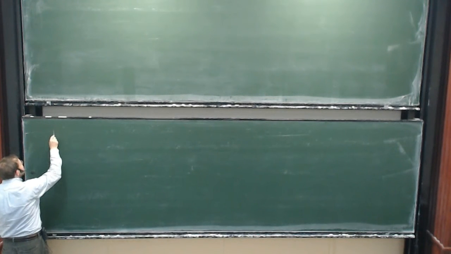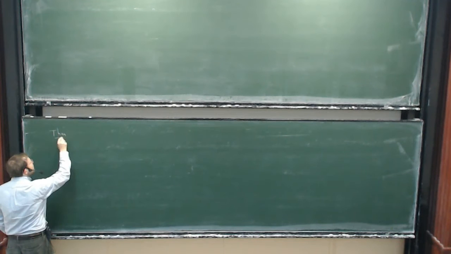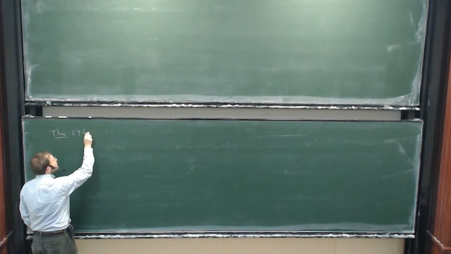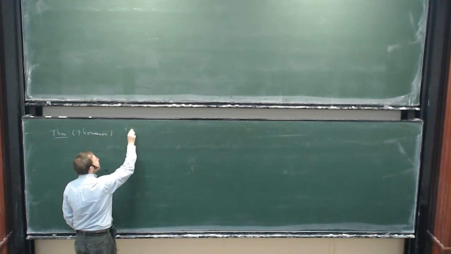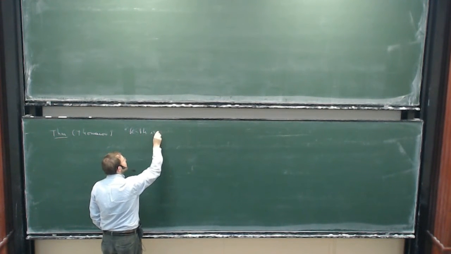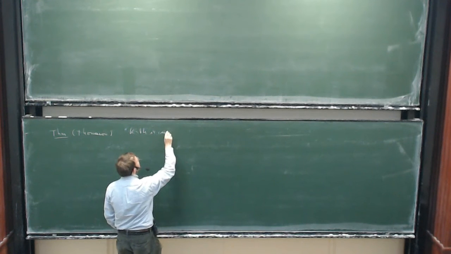So I want to start by reminding us of a great theorem of Thomason, which, loosely speaking, says K-theory is invariant under derived equivalences.